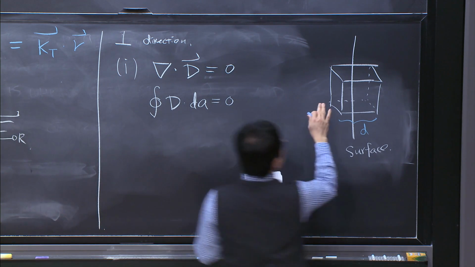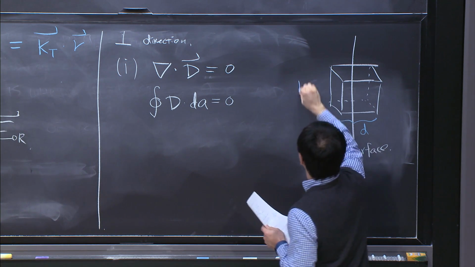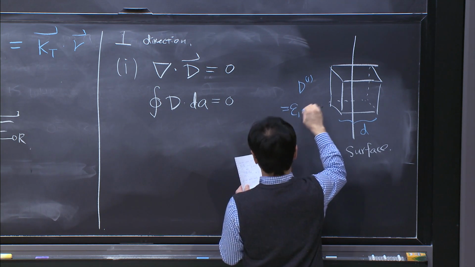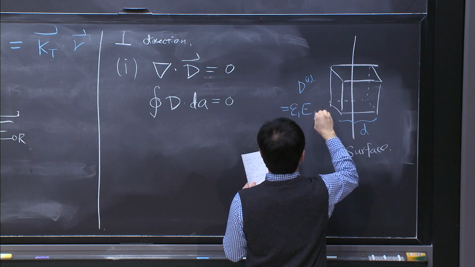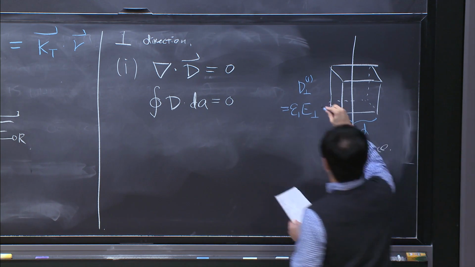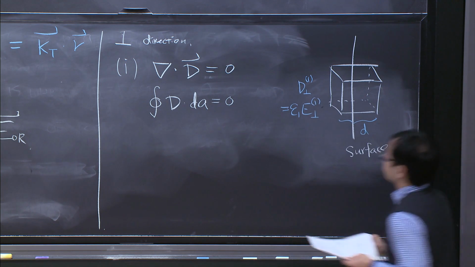On the left-hand side, D1 perp will be equal to epsilon 1 E perp 1, right?